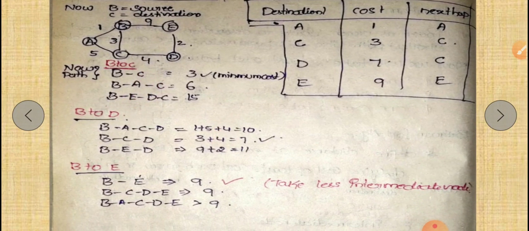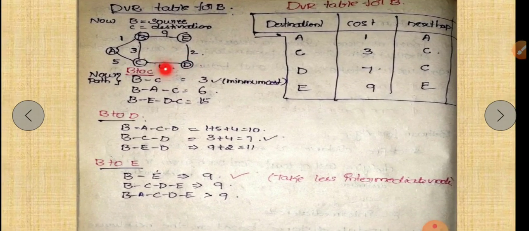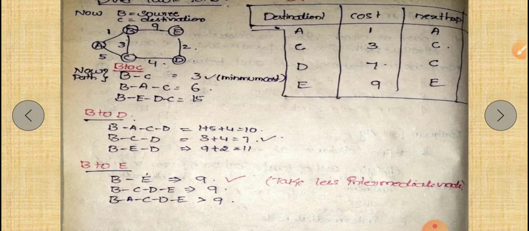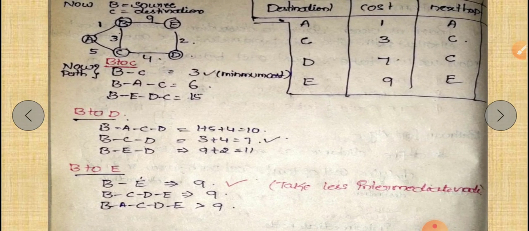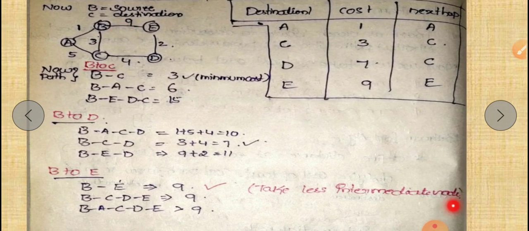Next we'll go for the path B to D. B is the source, D is the destination. What is the shortest path? Just have a look here. To reach D we have three paths. B to A, A to C, and C to D: what is the value? 10.